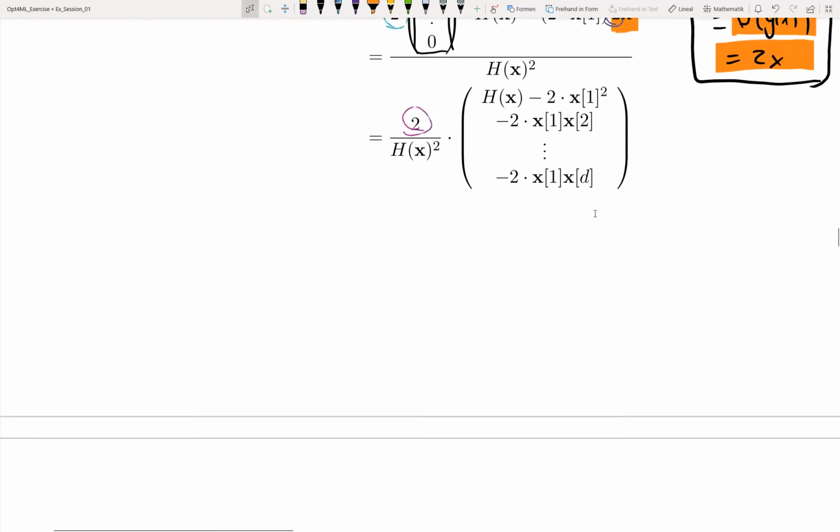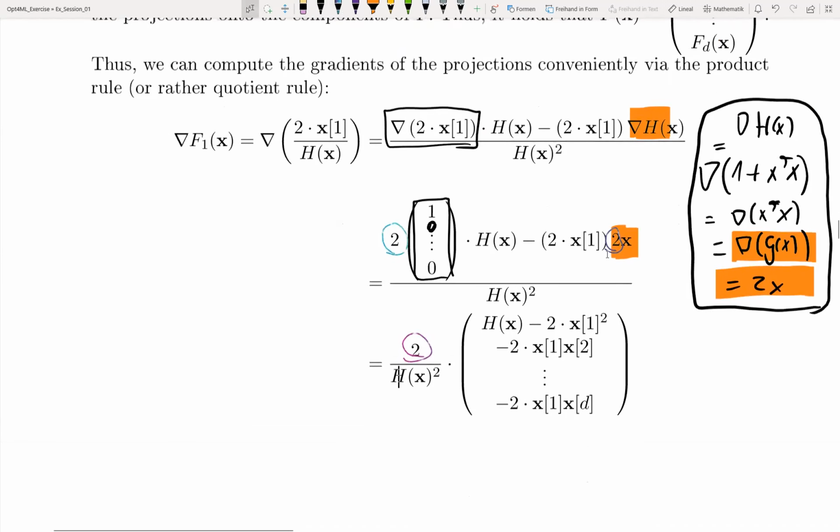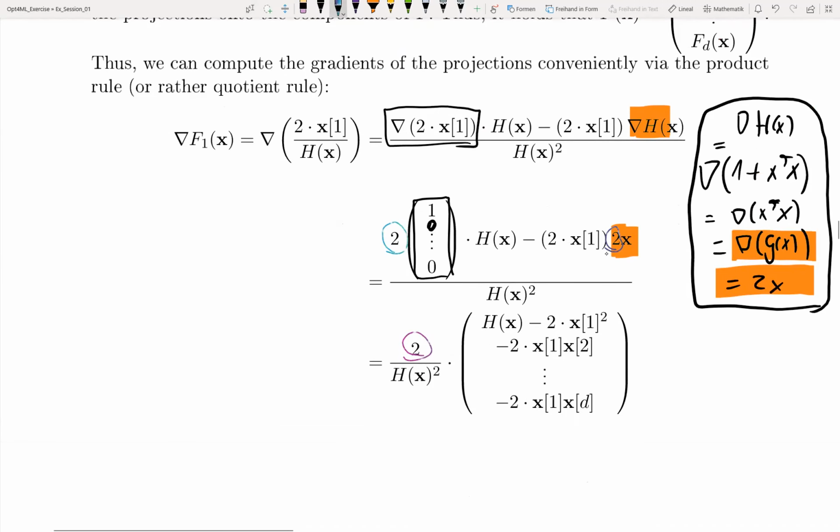And now we did this only for the first component. Now, what about the second component? The only difference will be in varying the component 1, where we have this one here and this one here.